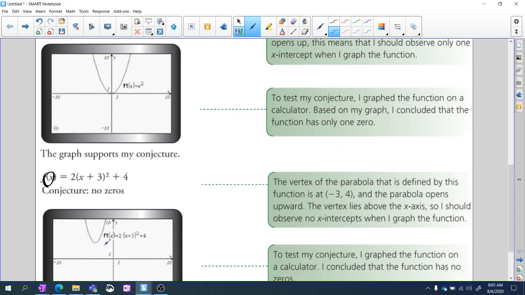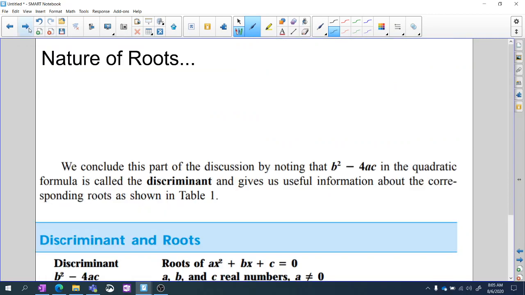So there's an actual technical name for what we're talking about here, and it's referred to as the nature of the roots. The way that it's looked at is by examining the quadratic formula. So if you think of -b plus or minus the square root of b squared, subtract 4ac, divided by 2a. We looked at this formula in our last video.